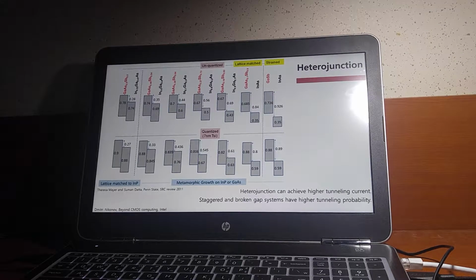So like the threshold voltage, to design the threshold voltage or current, we use this offset concept in the previous simulation.